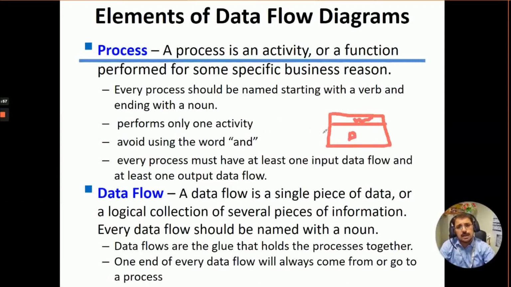The data must come through the process. It should not be that the data just goes over the process and directly to the output level. No, it is not possible that input directly becomes output without any processing.